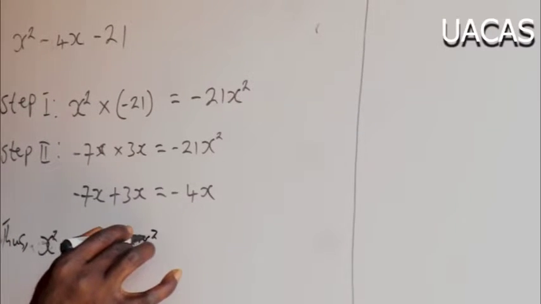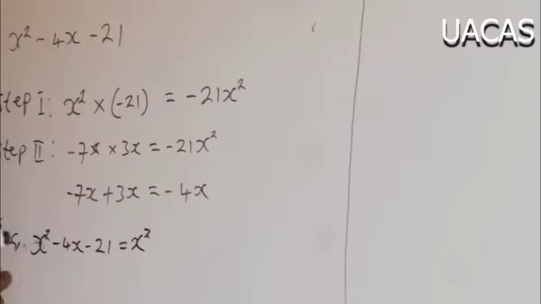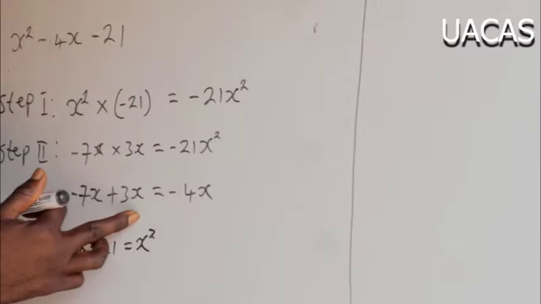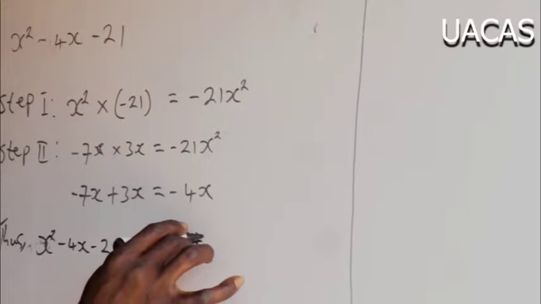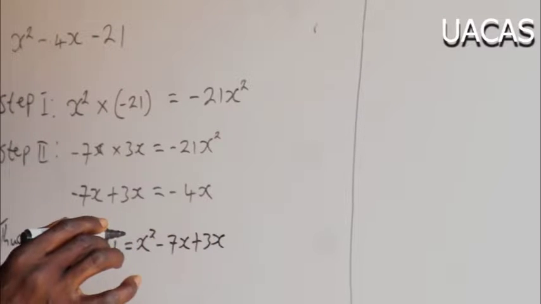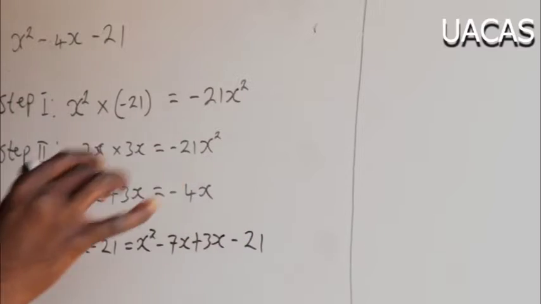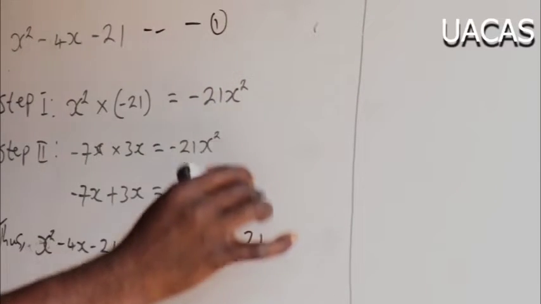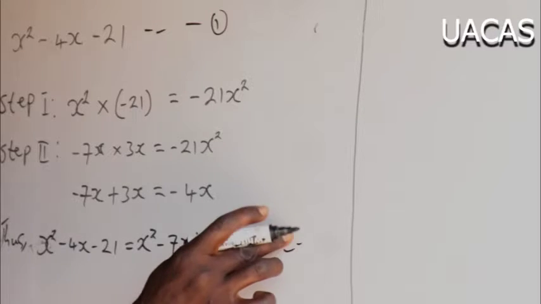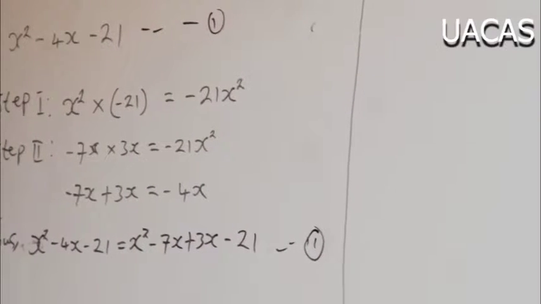Anyhow I write it, I have to regroup it. x squared, I can carry this, minus 7x plus 3x minus 21. This is equation 2.